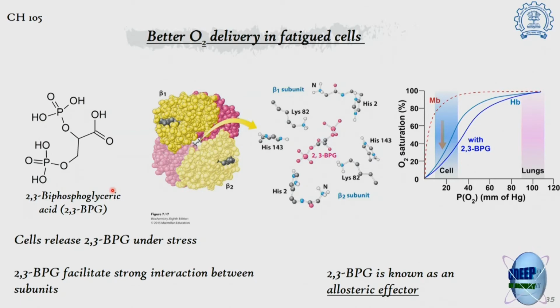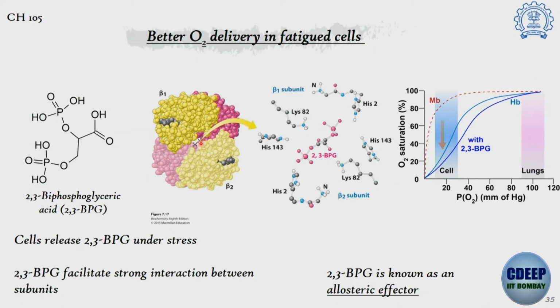Whenever we are in stress, doing a lot of exercise, or go to a very high altitude, our cellular system itself releases this particular molecule called 2,3-BPG. As you can see, it has phosphonate groups and acidic carboxylate groups. It actually binds at the middle of the hemoglobin structure.